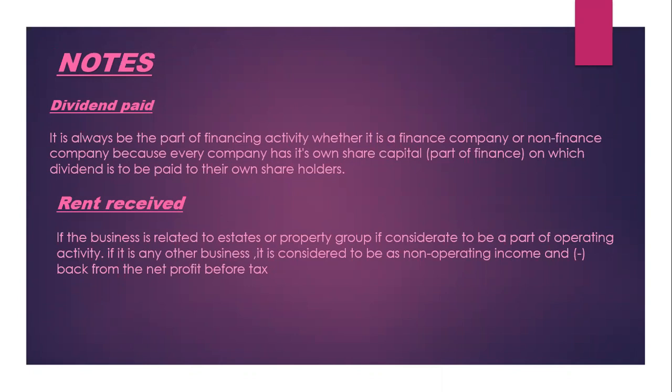Rent received: if the business is related to estates or property, then the rent is considered part of its operating activity. But if it is any other business, it is considered non-operating activity and it will be deducted from net profit and added in the investing activity.